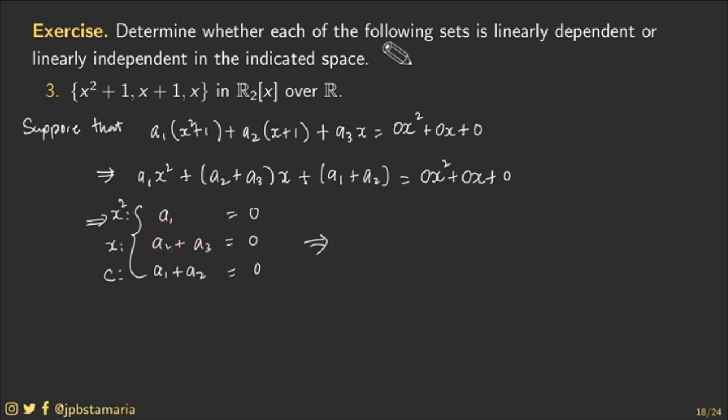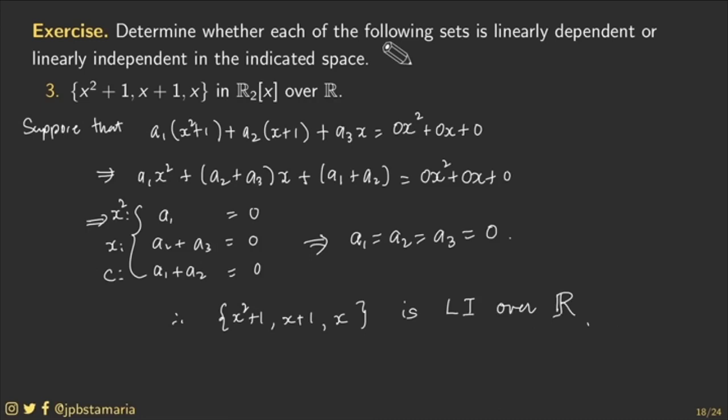So by just using observation, we can see that A1, A2, and A3 are all 0. Therefore, the set of polynomials is linearly independent over the real numbers. Okay? Get what I mean to say?